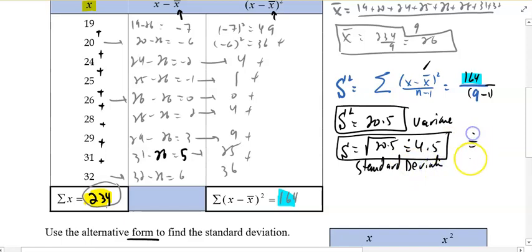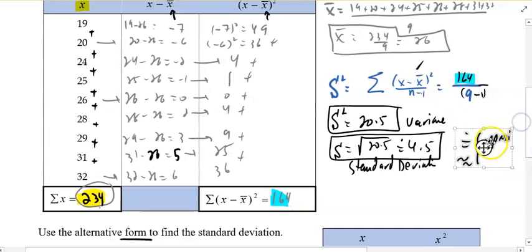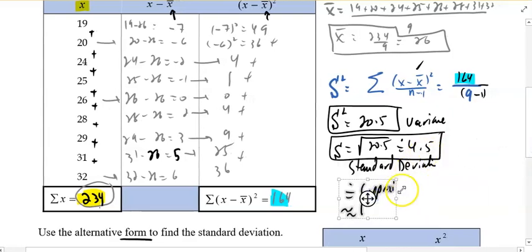Now both of those mean approximately. Both of those mean approximate.